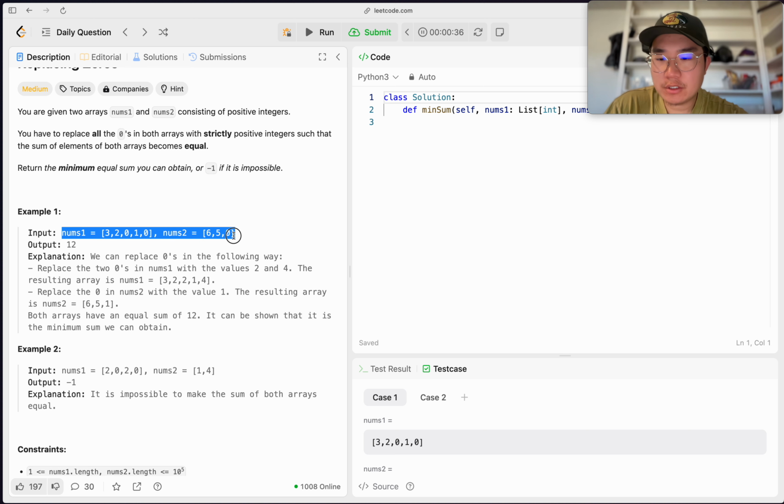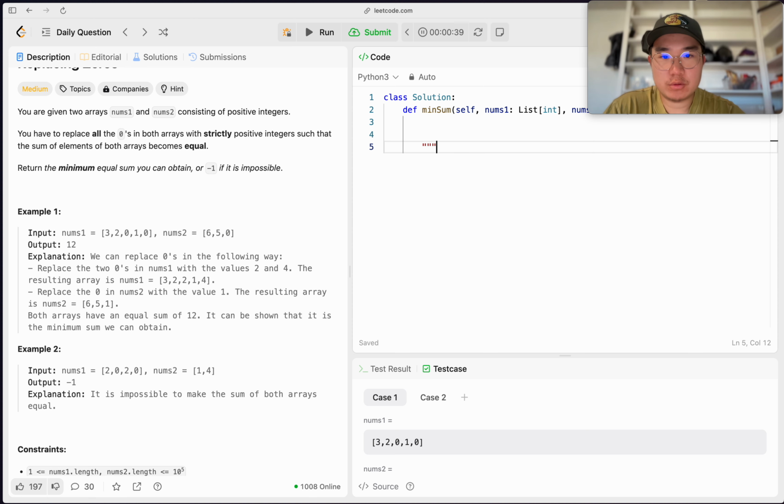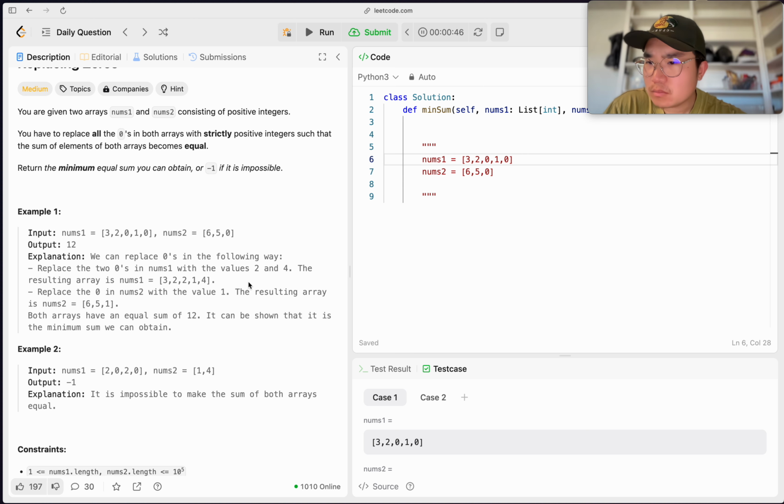I kind of understand it, but let me just run through this example. So example 1, we're going to be given nums1 and nums2. We can replace the zeros in the following way. Replace two zeros in nums1, which are right here, to get 3, 2, 2, 1, 4.